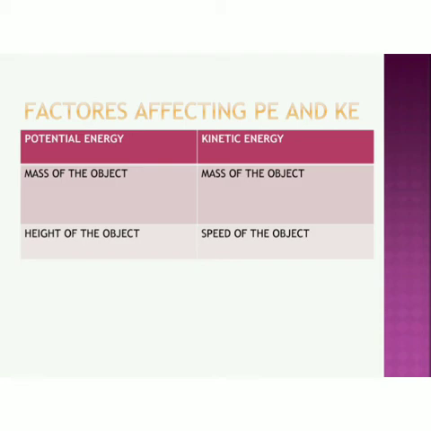The next, kinetic energy. For kinetic energy we can say easily: mass of the object and speed of the object. Take two hammers of different masses and an iron nail.